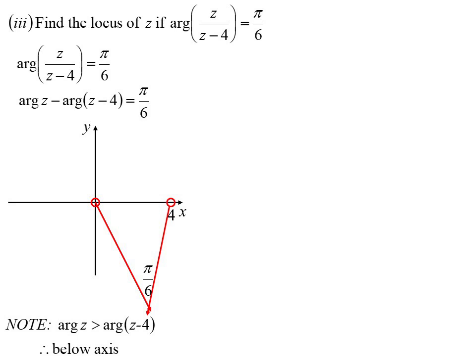Now, I know it's an arc of a circle that's going to go through these 2 points and also the point of intersection because that's where they meet. Now, I need some circle geometry to do this. You see, the line joining 0 and 4 must be a chord of my circle.